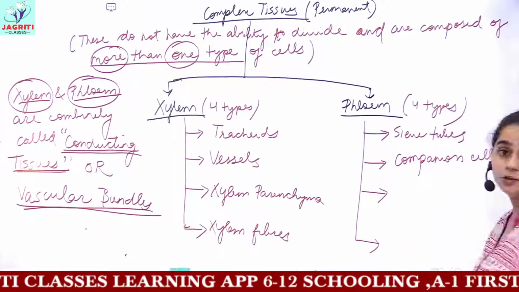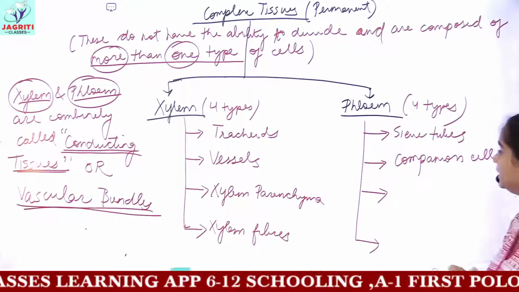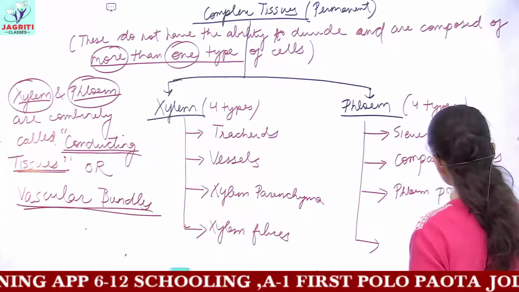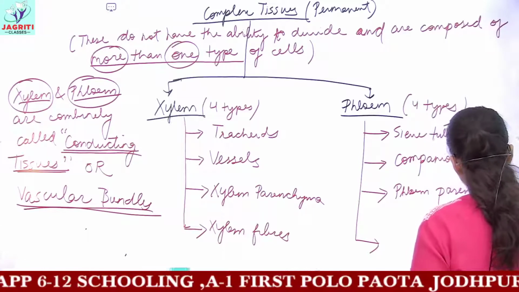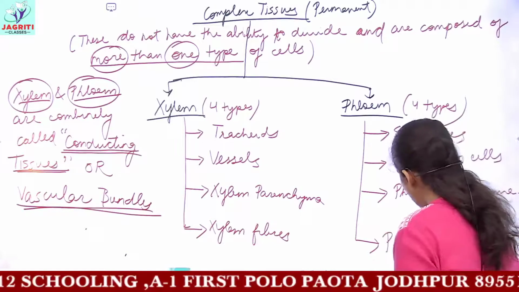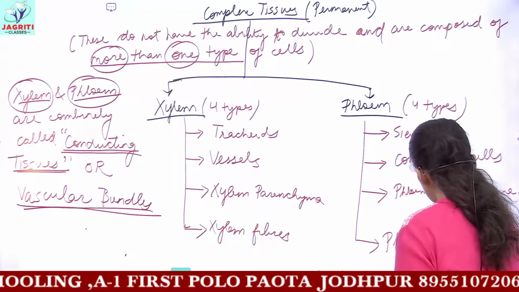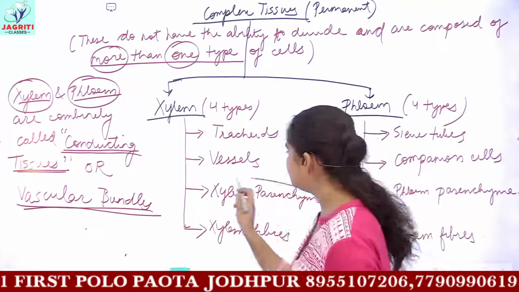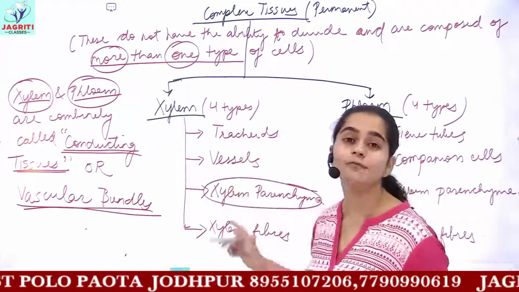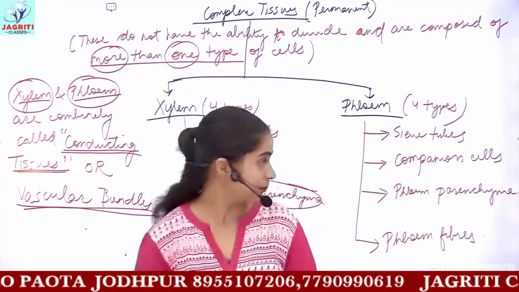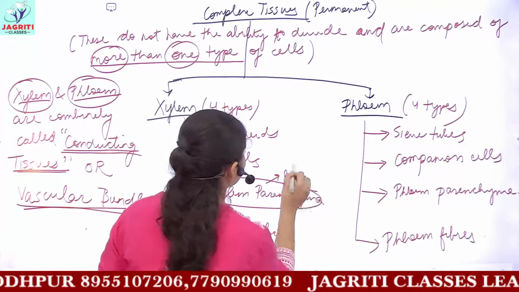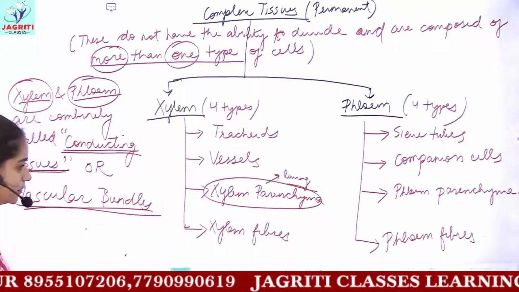So these are the 2 types of cells present only in phloem, and the rest are phloem parenchyma and phloem fibers. Here, except xylem parenchyma, all of these cells are dead in nature. Only this parenchyma is living. Rest all the cells are dead.